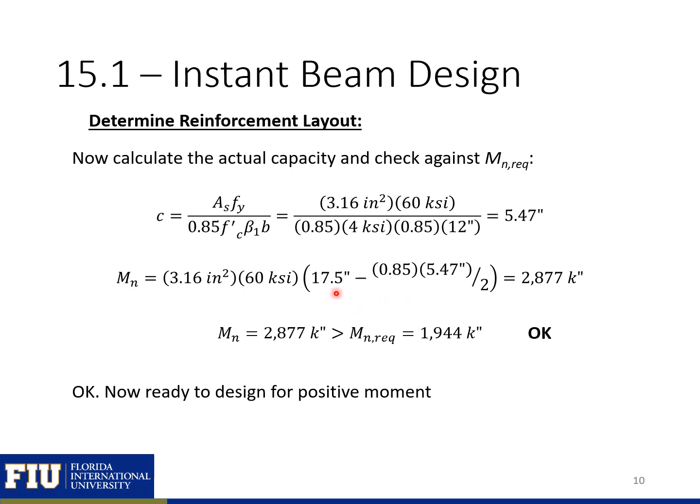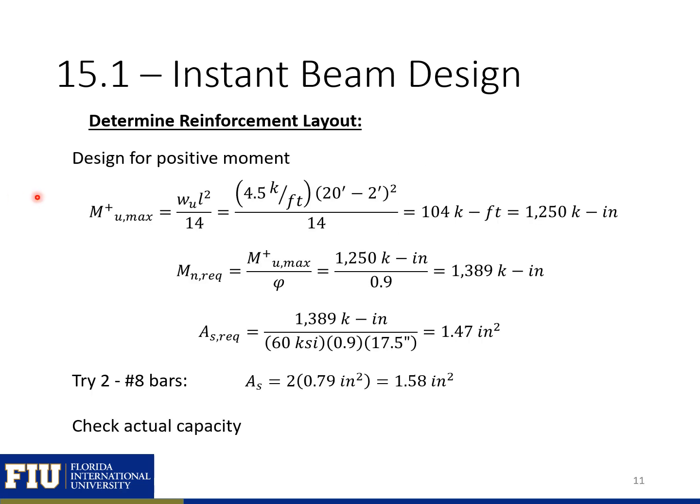And we have 17.5, so d minus beta 1, 0.85, times c, 5.47, divided by 2, which gives us a nominal moment of 2,877 kip-inches. This is greater than our Mn required, which is 1,944 kip-inches. So now we're ready to move on to our positive moment design.